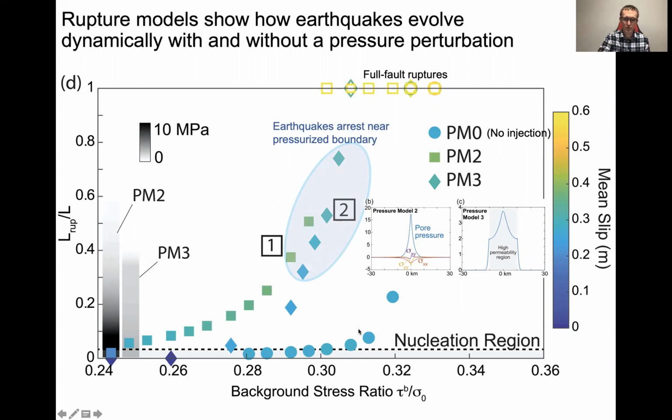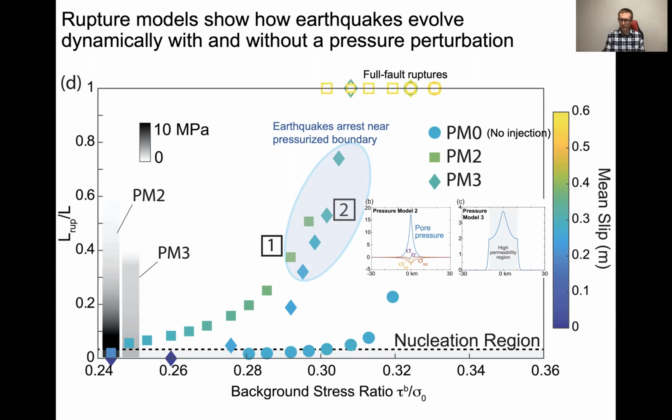Here's the background stress level on the x-axis, and rupture length on the y-axis normalized by the fault length, and then the length scale over which pressure is decaying is shown with those gray bars. At low stress level, we see ruptures arrest. They don't rupture the full fault because the stress is too low. At high stress, as we increase to very high background stress values, we see full fault ruptures.